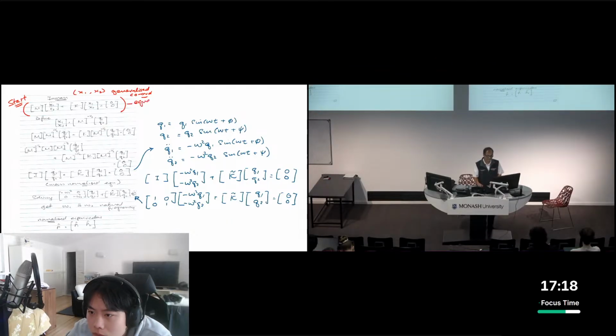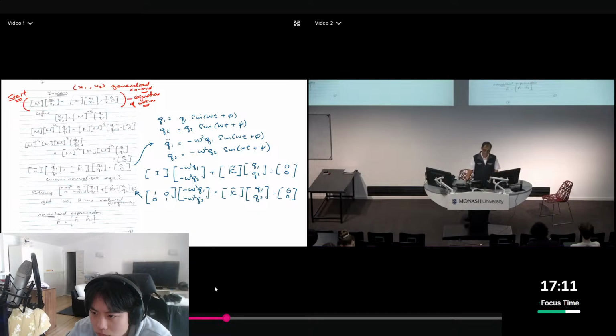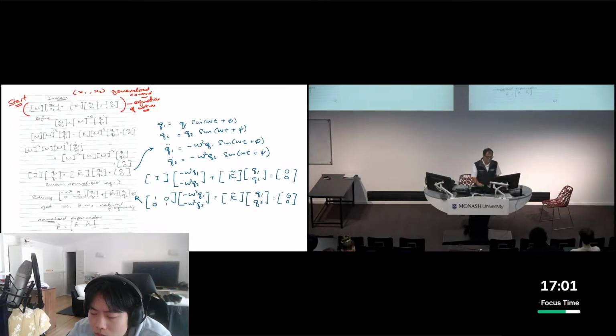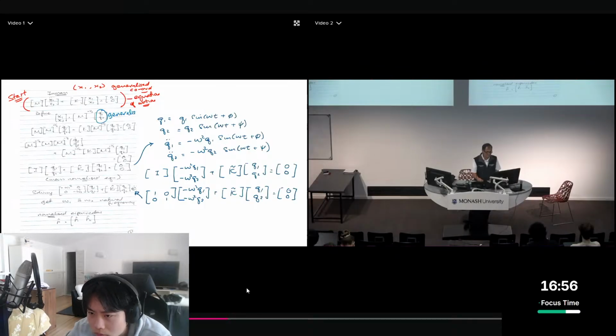What Inman did was that he then introduced another generalized coordinate when he considered using the Cholesky decomposition to normalize this mass matrix.